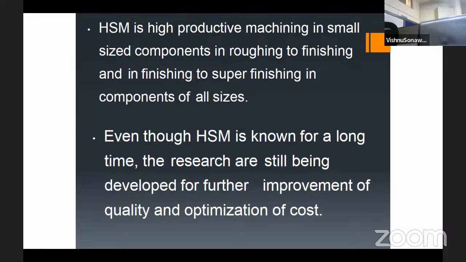But these high-speed machining centers are used only for small-size components, not for large-size components. This high-speed machining has been known for a long time, and research is still being developed for further improvement in quality and optimization of cost. This is the main challenge in high-speed machining.